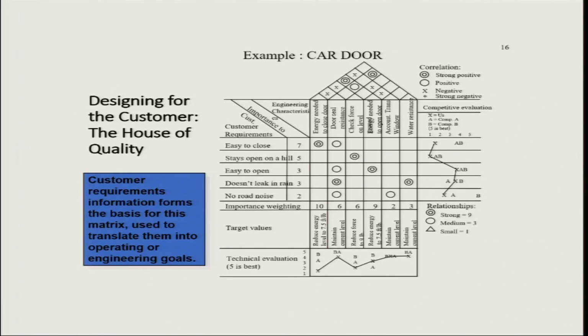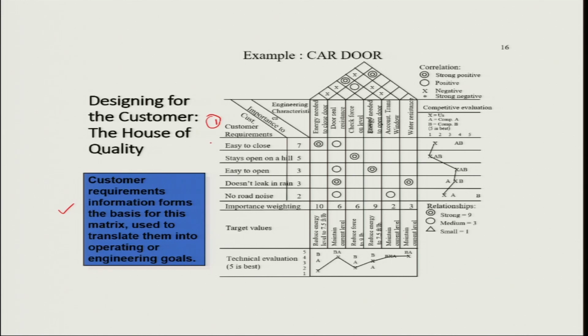Let us see the car door example. So, the first step is to identify the requirements of the customer. The customer's requirement information forms the basis for this matrix used to translate them into operating or engineering goals. So, what is the customer requirement for a car door?